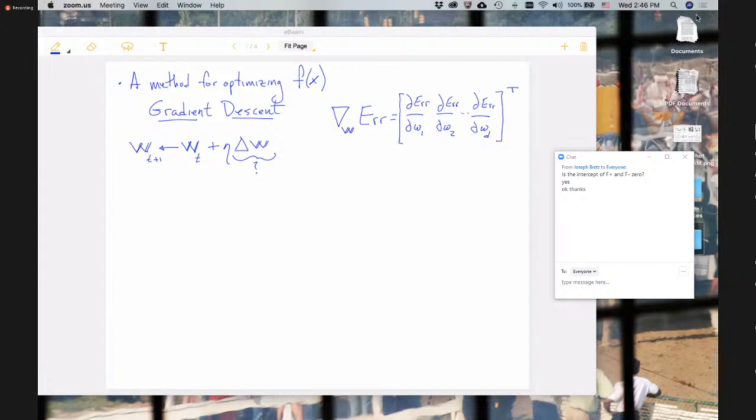And the way you take a partial derivative, if we've got d variables here, one for each weight, then for each of those partial derivatives, you're taking the derivative with respect to the given weight while assuming that all of the other weights are held constant, which then just reduces it down to a single variable derivative.